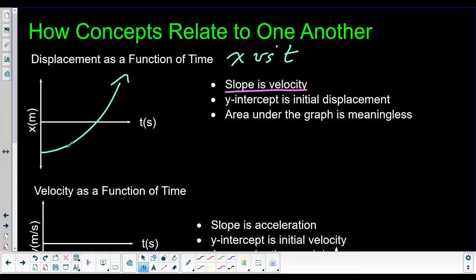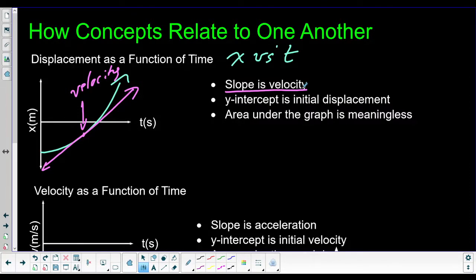So if we look at a tangent line like that, whatever the slope right here where that tangent line touches the graph is, this tangent line is going to tell us the instantaneous velocity of this function, whatever it is. Sometimes I really wish you guys knew calculus. It would make my life so much easier. But it's fine. It's not necessary. It's just easier. But slope is velocity.